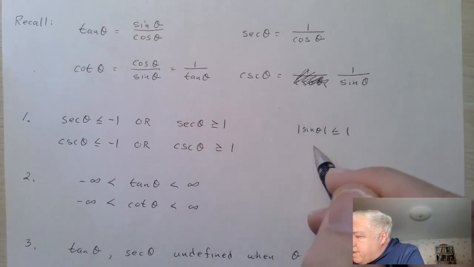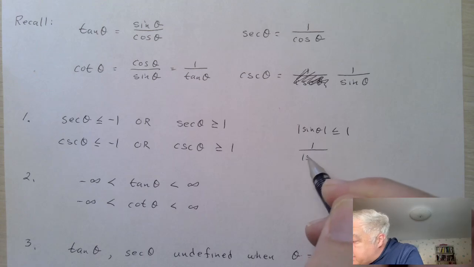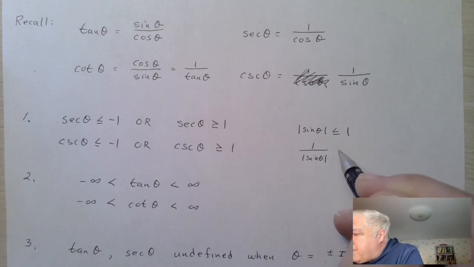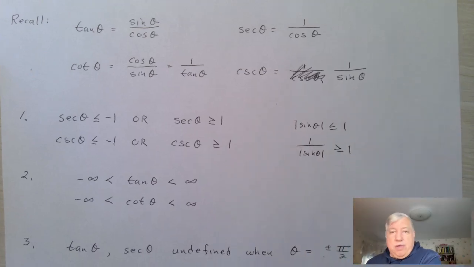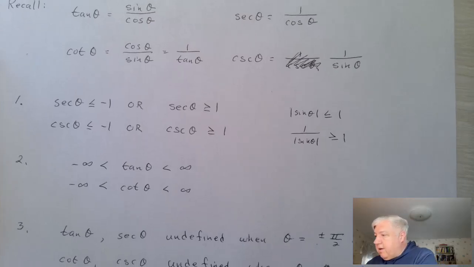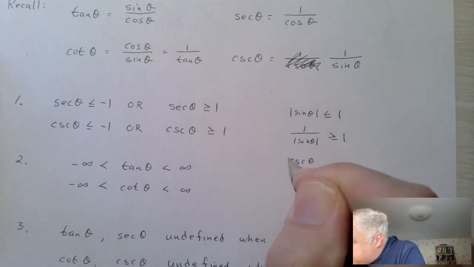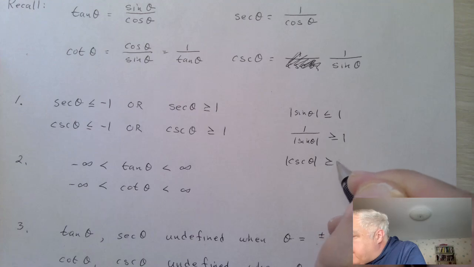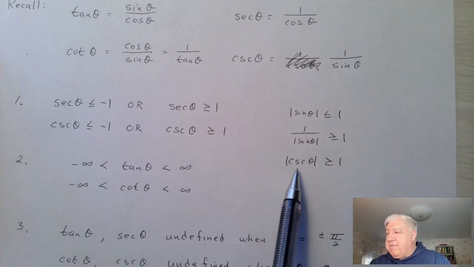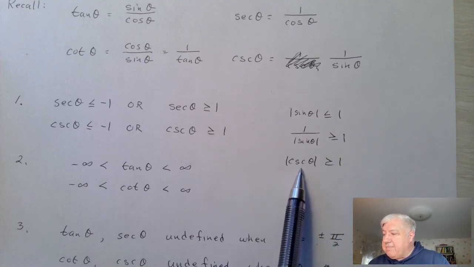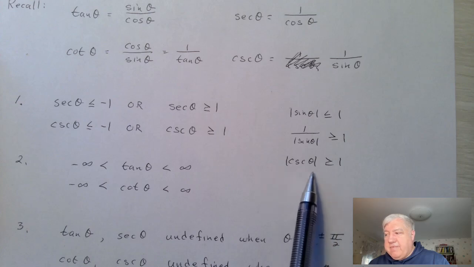So when we take the reciprocal of this, it makes sense that this is going to be greater than or equal to 1, right? For example, if the sine is 1/2, the reciprocal of that will be 2. So the cosecant of theta in absolute value is greater than or equal to 1, which means if it is positive, then it's greater than or equal to 1. If it's negative, that means it's less than or equal to -1.